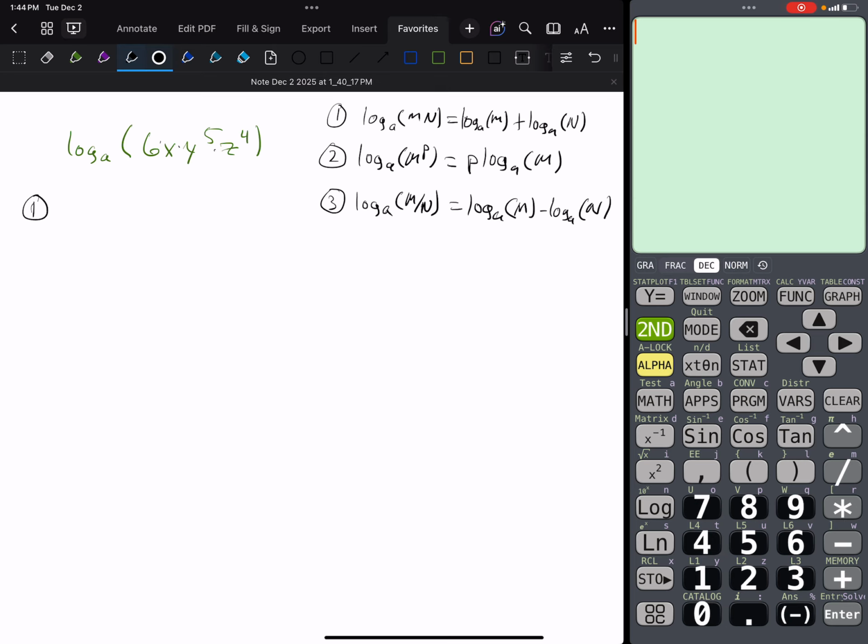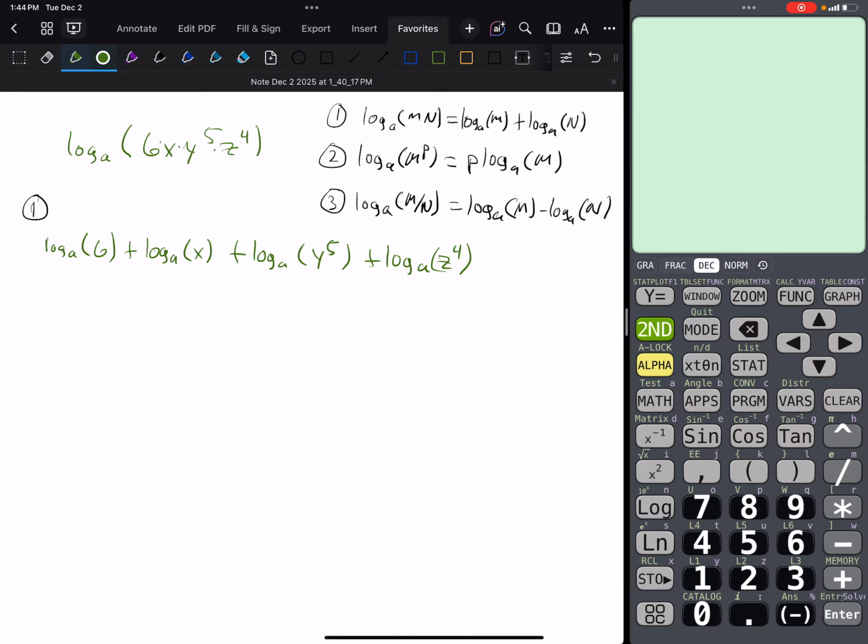Those exponents are still there, I'm just not saying them. Okay, well, that means that this is going to be log base a of 6 plus log base a of x plus log base a of y to the 5th plus log base a of z to the 4th.